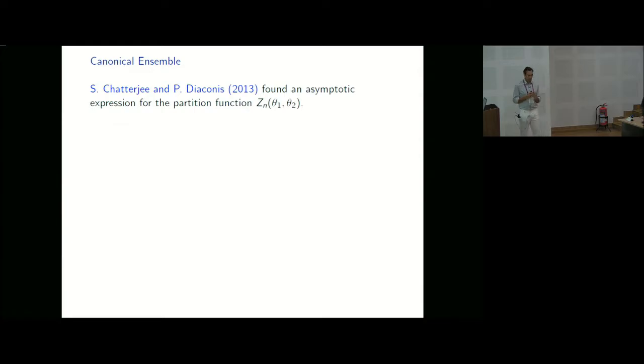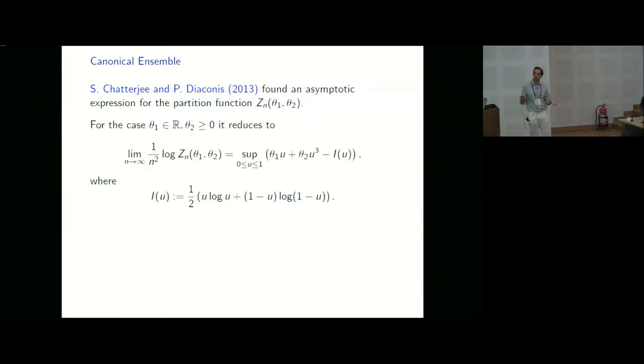And this result was generalized by Chatterjee and Diaconis, who used large deviations results to study this exponential random graph model, this canonical ensemble. They managed to find an expression for the partition function, actually the logarithm of the partition function in the limit, for all possible values of your free parameters.